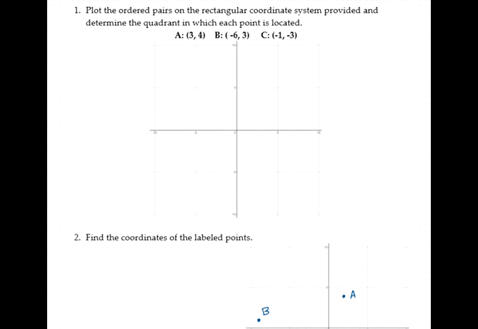So for number one, before we actually get into doing any of these problems, you'll see this two-dimensional graph. So we have one horizontal number line right about here, and one vertical number line. It's basically two copies of the same number line.